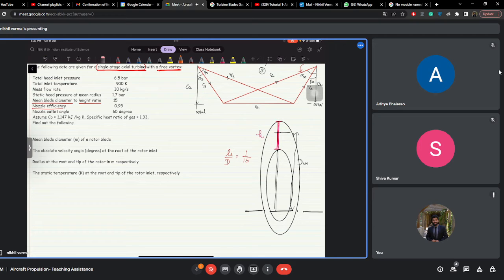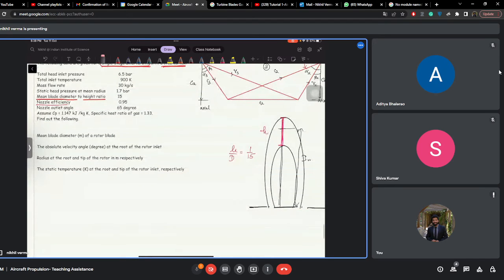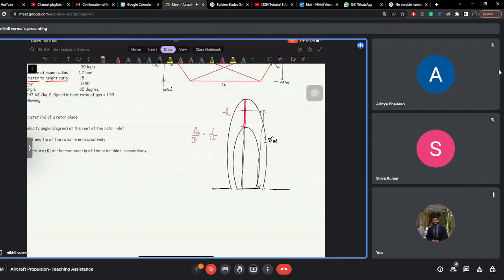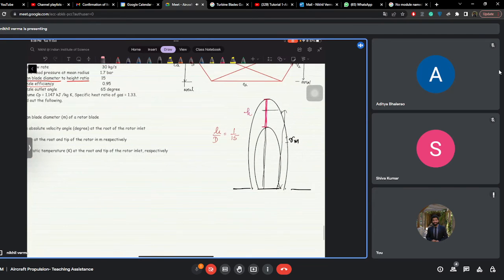So it will be something like this. This is your RM, and this is your H, right? Now what we have to do is find the mean blade height.